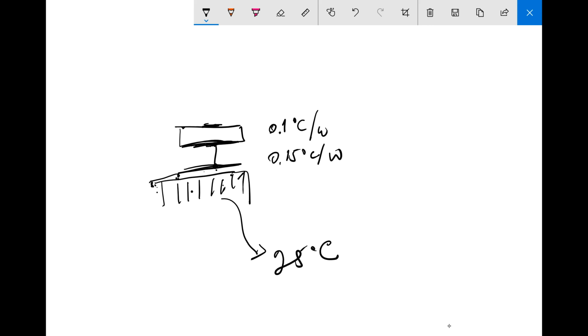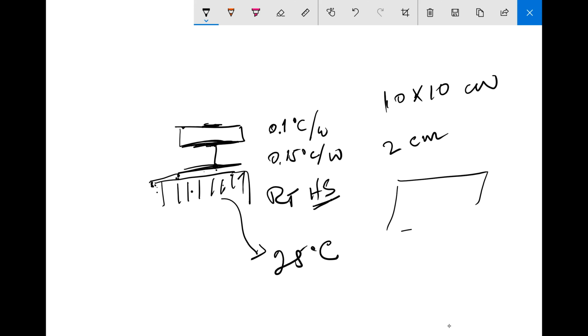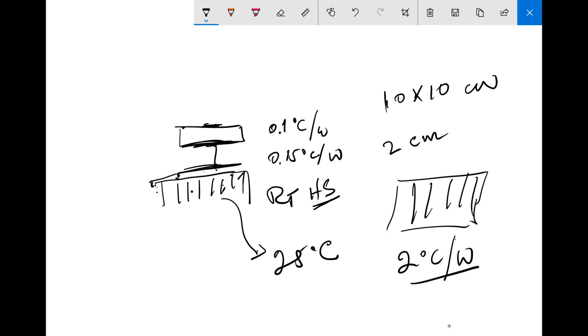Now, what is the thermal resistance of a heatsink? Well, a regular heatsink, like a 10 by 10 centimeter and say height of 2 centimeter, so it's a heatsink like this, would have something in the area of say 2 degrees centigrade per watt.